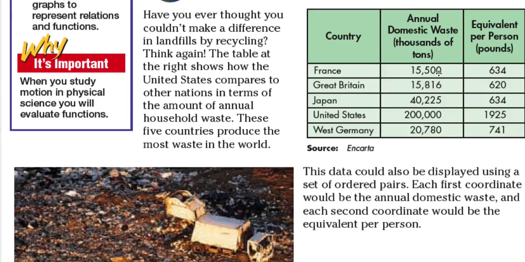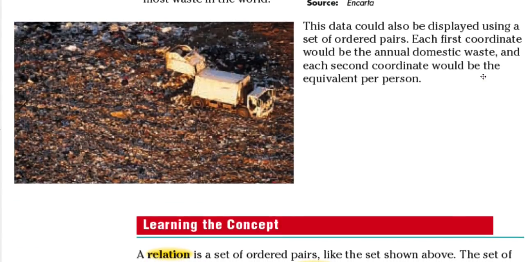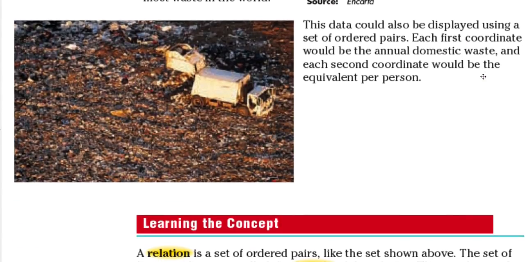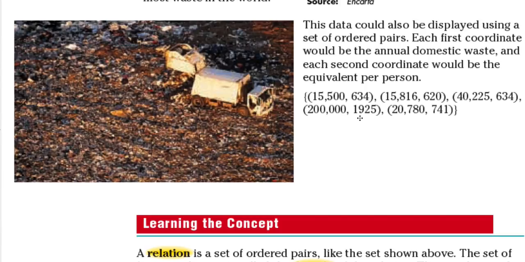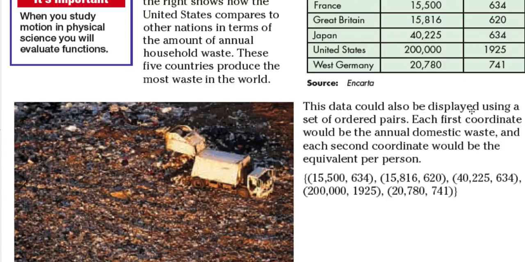This would be our x coordinate, and that would be our y coordinate. And this is what's going to come out: 15,500, 634, 15,816, 620, 40,225, 634, and so on and so forth until 20,780, 741.